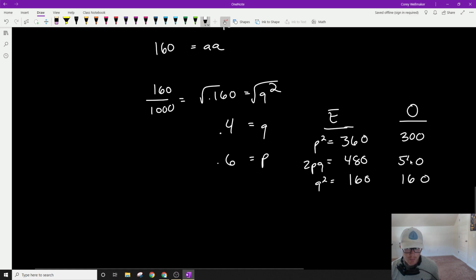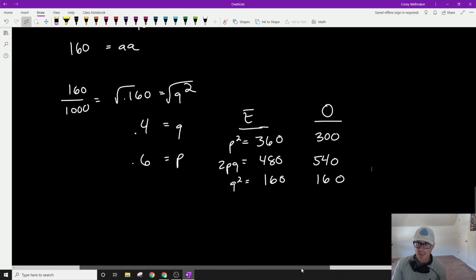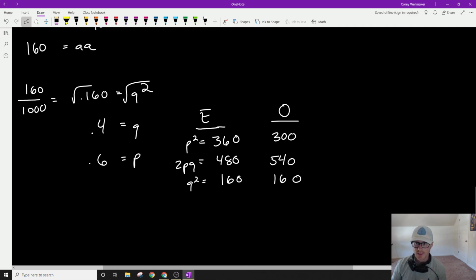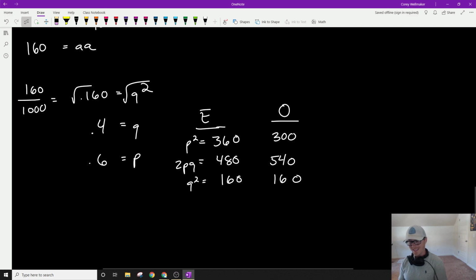So is the population in Hardy-Weinberg equilibrium if what we observe is a little bit different than what we expected? And that's where the chi-square test comes in, right? Because the null hypothesis is just that the population is in Hardy-Weinberg equilibrium, and the only reason we're getting different observations versus what we expected is just randomness.